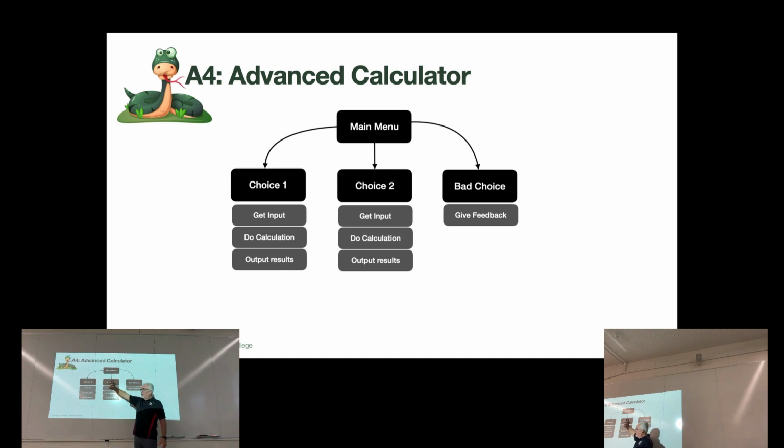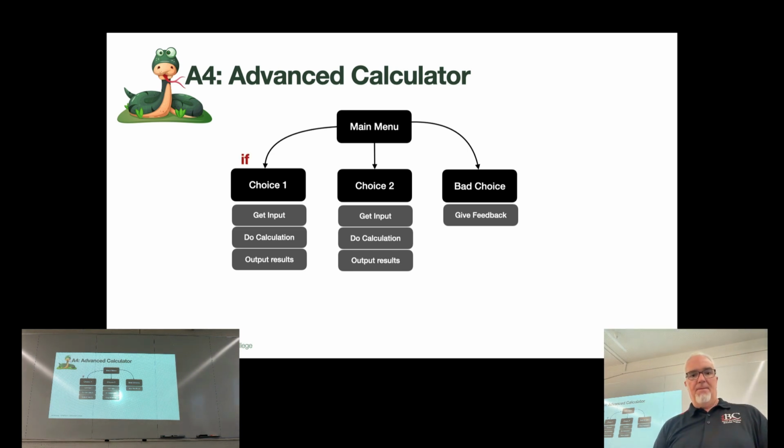If input equals number 2 or B or whatever you decide, then this. Else, tell them that you don't understand their choice. Okay? If, elif, else.